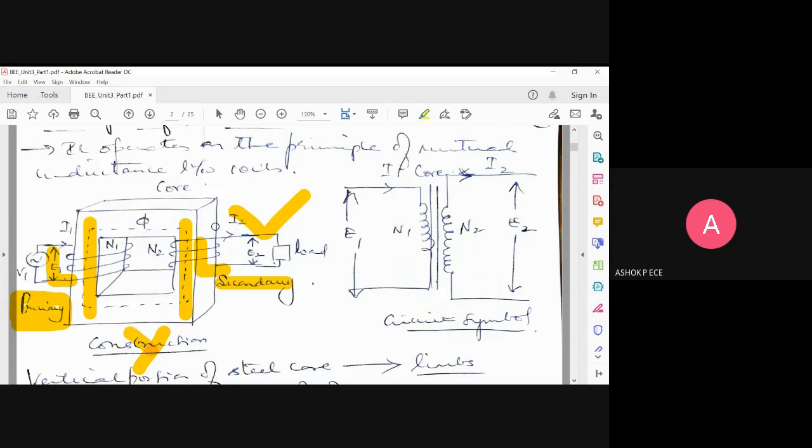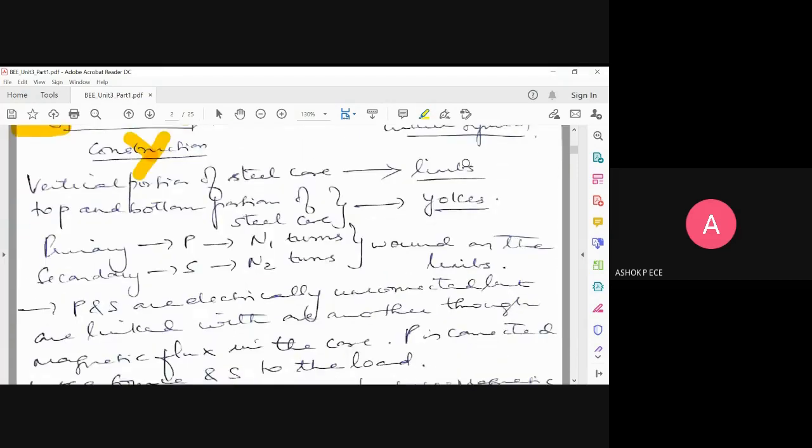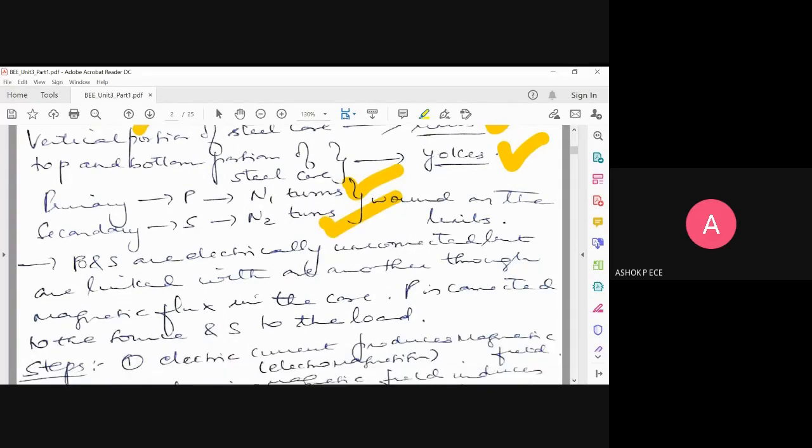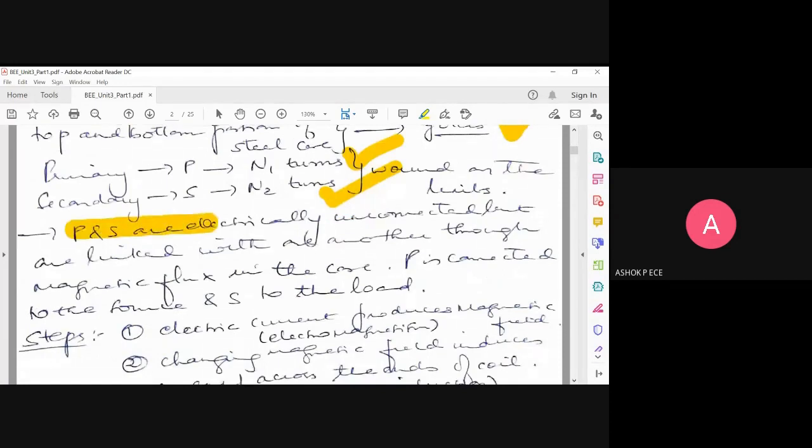Okay, so that is what is given here. See, the vertical portion is called as limb, the horizontal portion is called as yoke. Primary is represented by capital P, it will have N1 turns. Secondary denoted by capital S will have N2 turns. See here, very, very important point. Primary and secondary are electrically unconnected, but they are linked through magnetic flux.